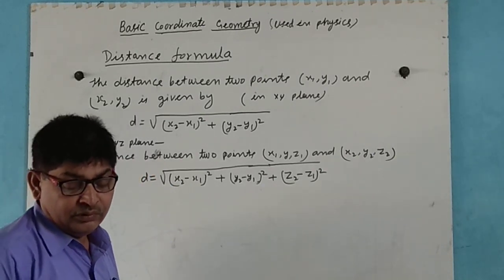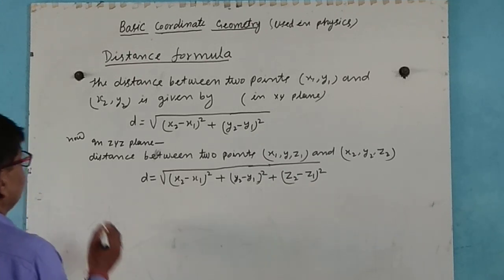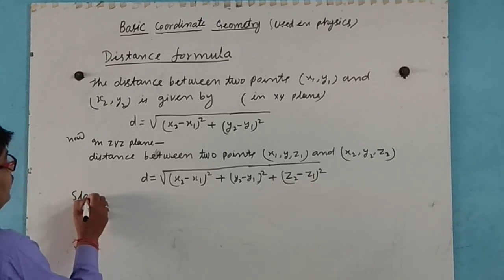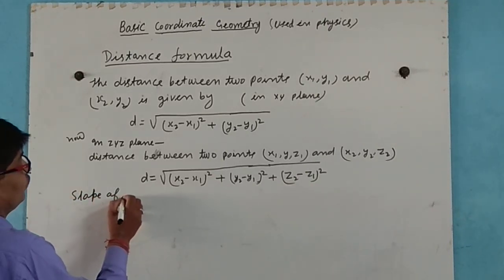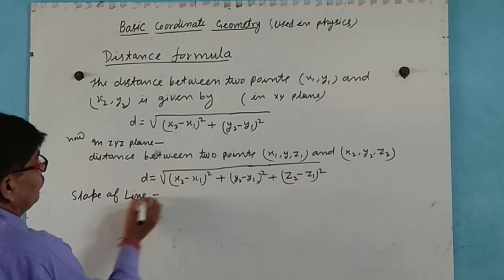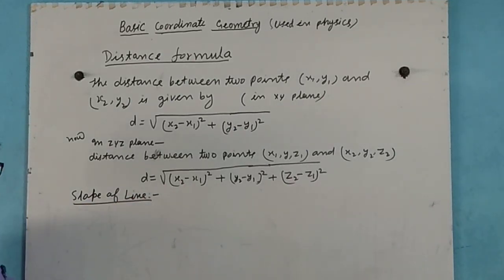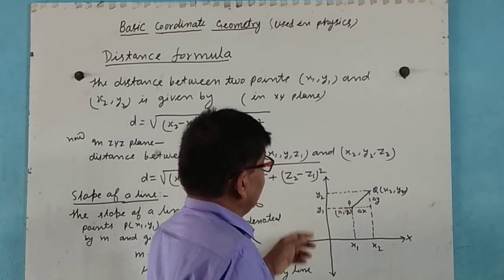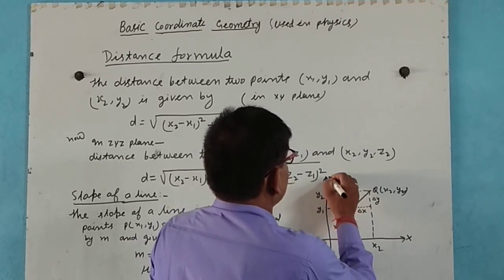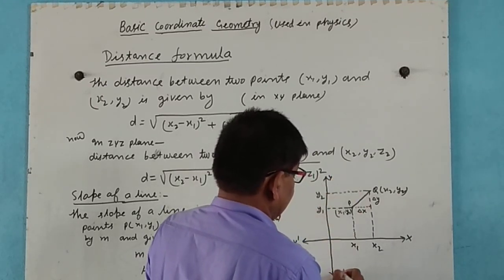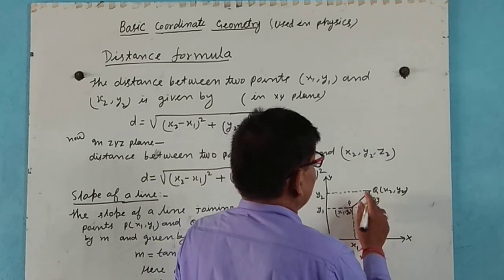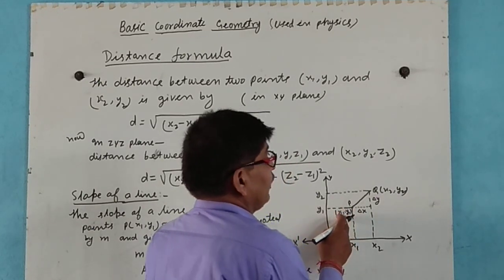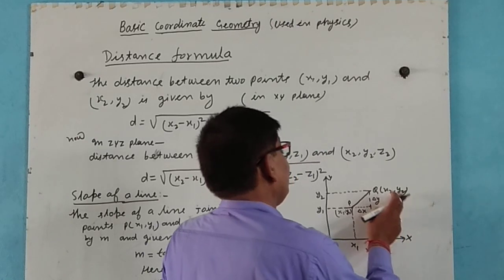Now slope of a line. Here this is x and x dash, y and y dash, and P and Q. The coordinates of P are x1, y1 and Q is x2, y2.